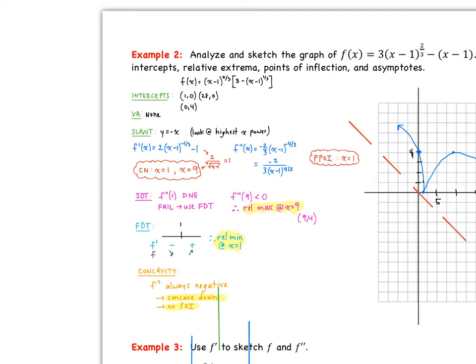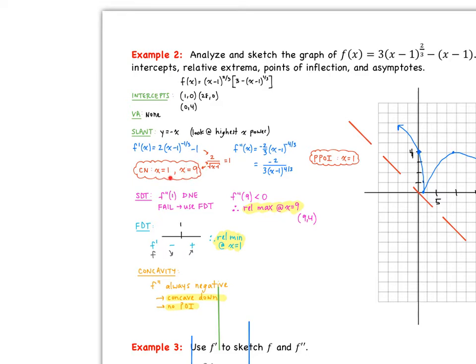Now we move on to our calculus. So we take the first derivative, okay, and to get our critical numbers, we set it equal to 0. And we solve. Well, when we set this equal to 0, we have to solve this portion here. And really, since we're raising this to a negative 1/3, that's going to be undefined when x equals 1, and the function equals 0 when x equals 9.